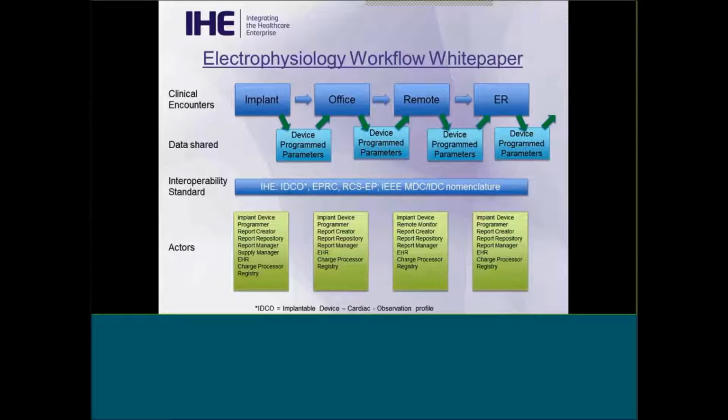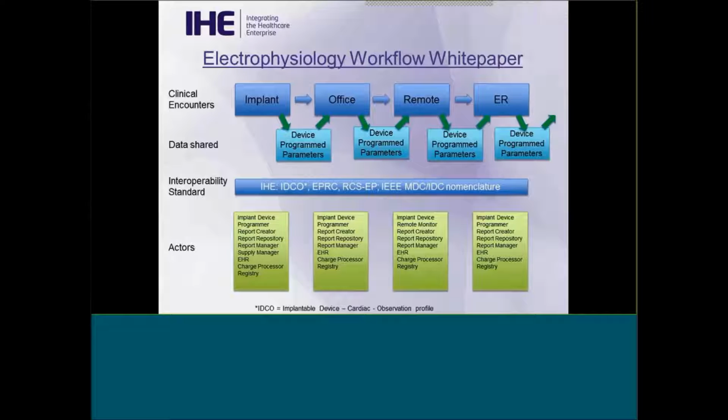On the next row, just below that, you see the key data that's shared at each critical point along this pathway. And for implantable devices, that's mostly device data that's downloaded, uploaded, reprogrammed. And then if you look at the bottom row, skipping that third row, you see the actors that are involved in acquiring, consuming, and generating the information at each step.